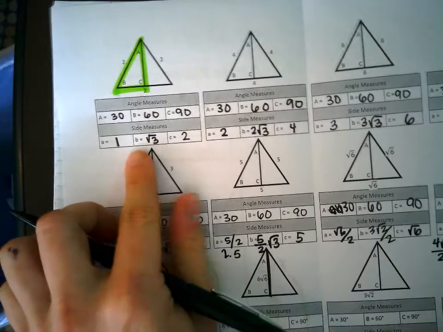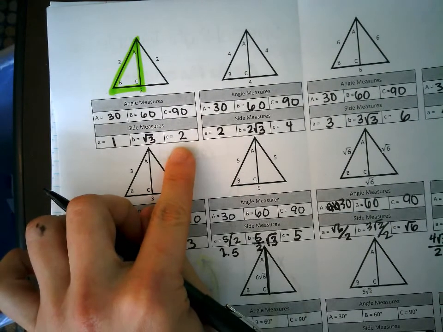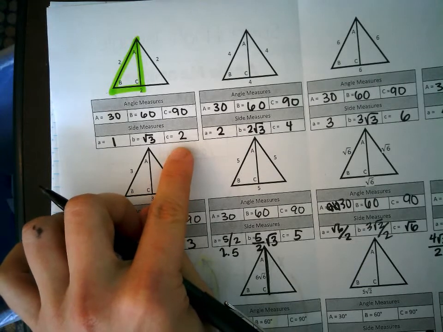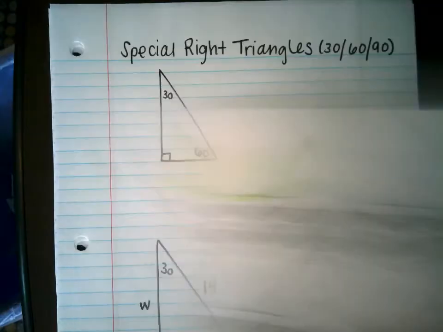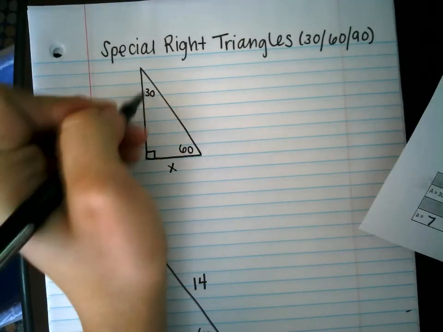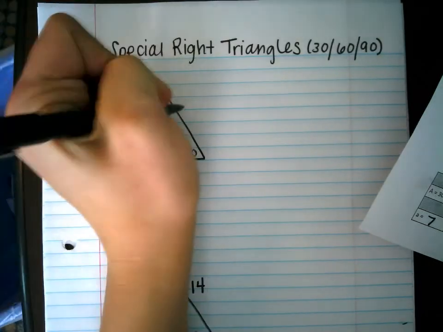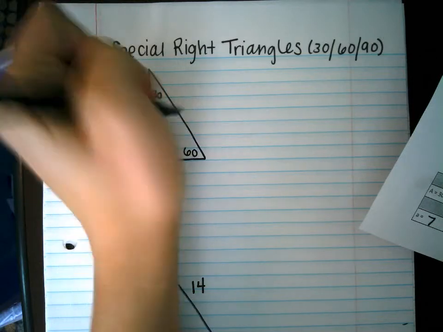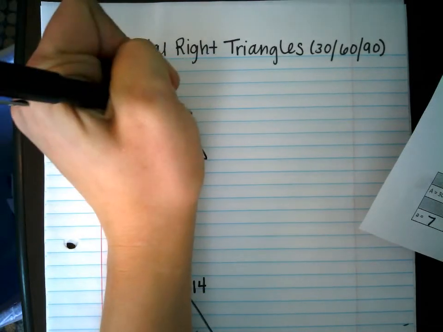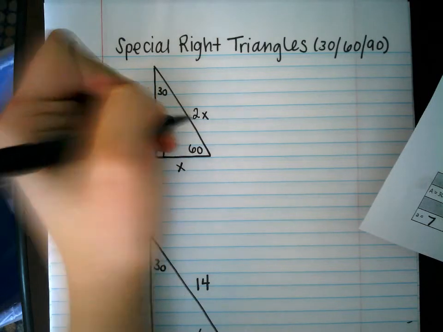One relationship you might have noticed was that A was always half of C. Or another way of thinking about it is that C is 2 times A. So if A, the smallest side across from the 30-degree angle, is X, then C, the longest side across from the 90-degree angle, is going to be 2X because it is twice as big.